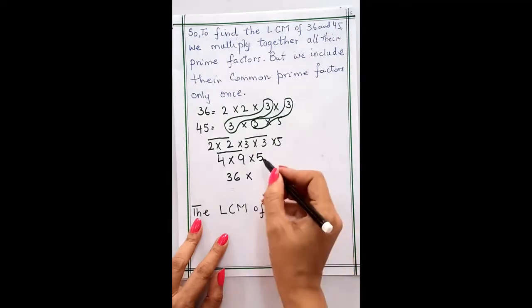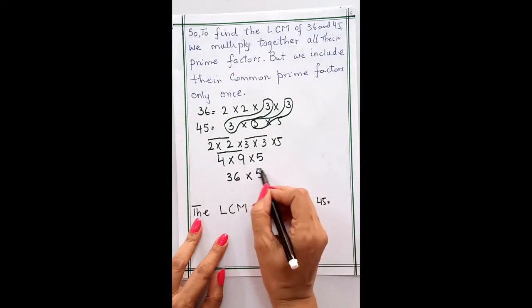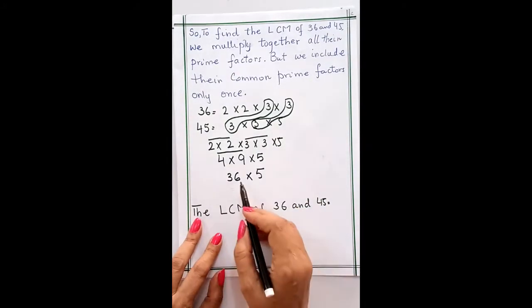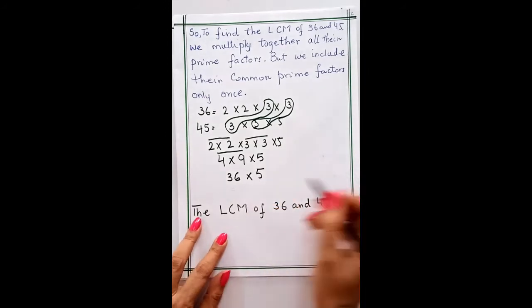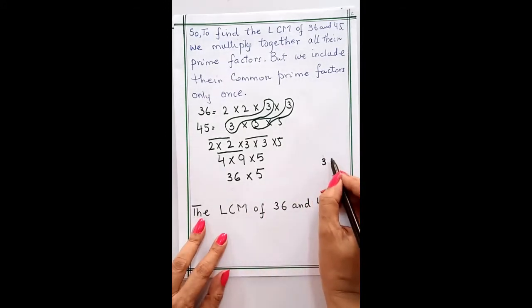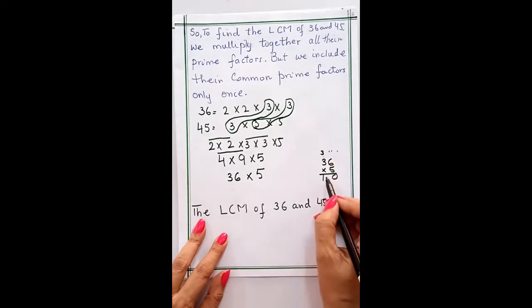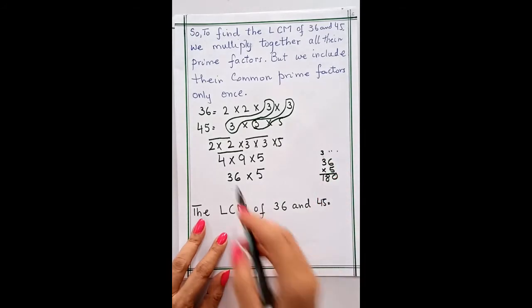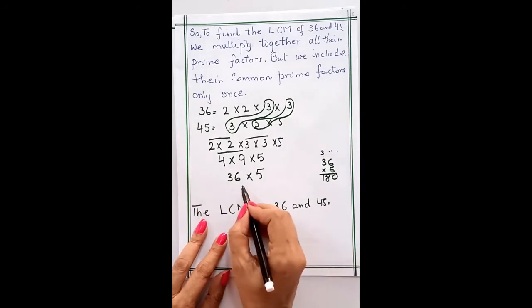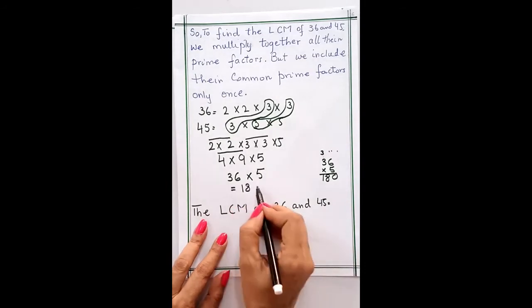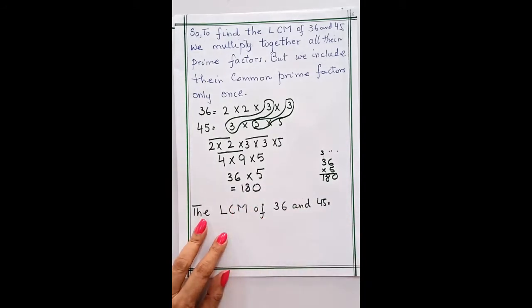Multiply this 5, we will write as it is. Now 36 multiply by 5. 5 6s are 30, 0, 3 carry, 5 3s are 15, 16, 17, 18. So 36 multiply by 5 is equal to 180.